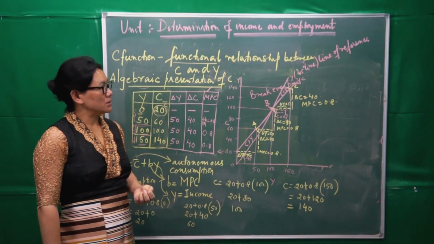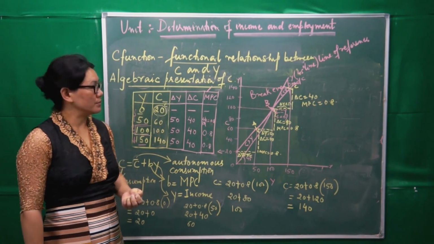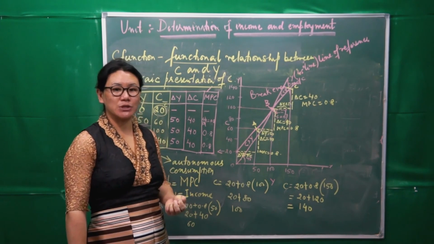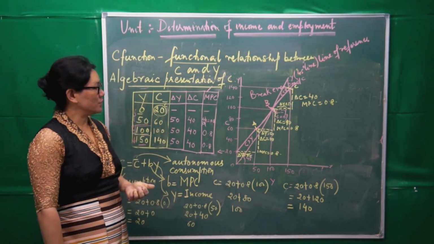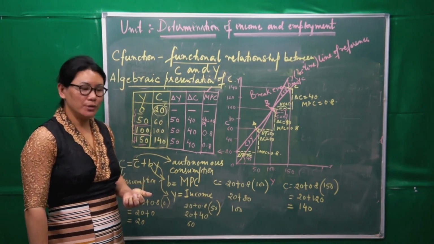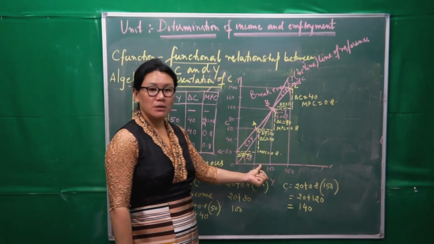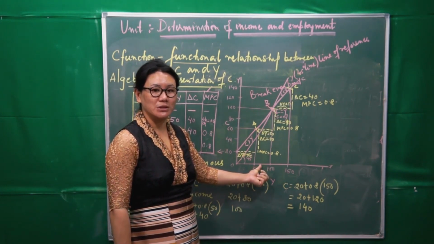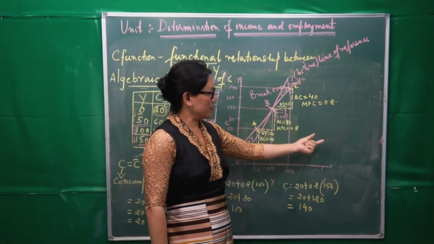To study the behavior of C with respect to income, we used a schedule called the consumption function schedule. We went through its description. Then, on the basis of it, we saw the diagrammatic presentation of the consumption function, and its description.